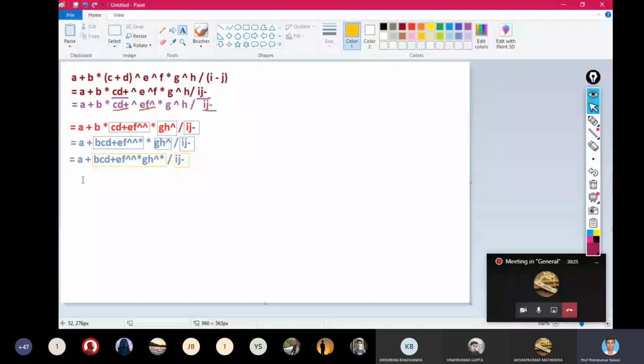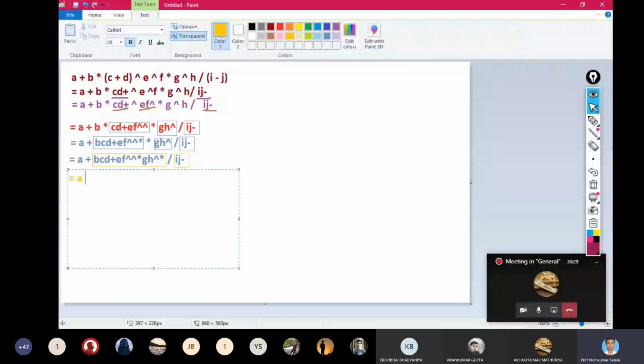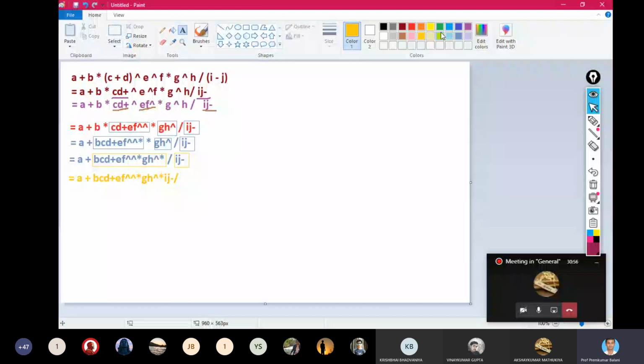Next, what I need to do: equal to A plus BCD plus EF raised to star GH raised to asterisk and IJ minus and division, divide by. Okay. Now here you can see this is my one operand and A is one operand.